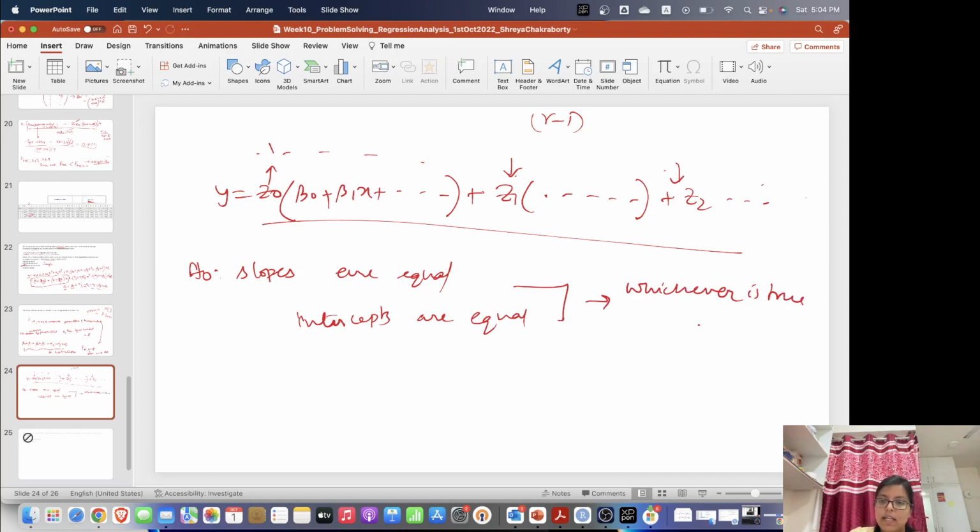Based on these tests we will finally land up at the final model. First we do not assume anything, we just fit, and then we test various hypotheses, and whichever has more evidence, we select that model to take these categorical variables into account.